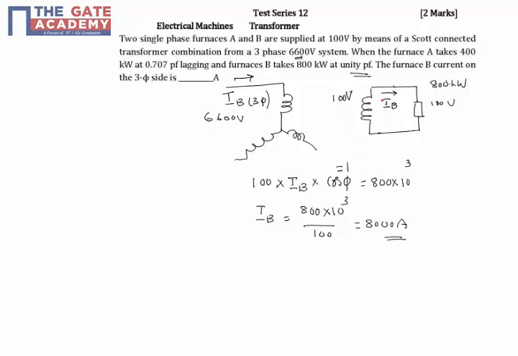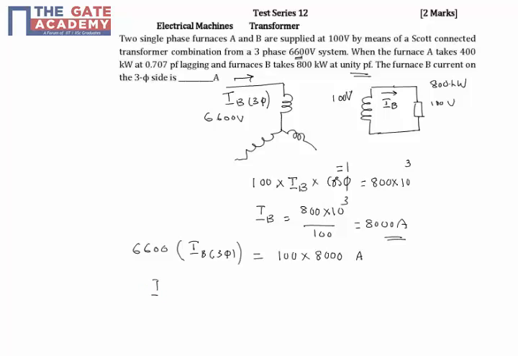This is on the single phase side, but he is asking on the three phase side. So we know that V1 I1 equals V2 I2, just like a transformer. The voltage on this side and the current on this side, the multiplication of these two equals the multiplication of 100 and the current on this side. So 6600 into IB three phase is equal to 100 volts into 8000 amperes.